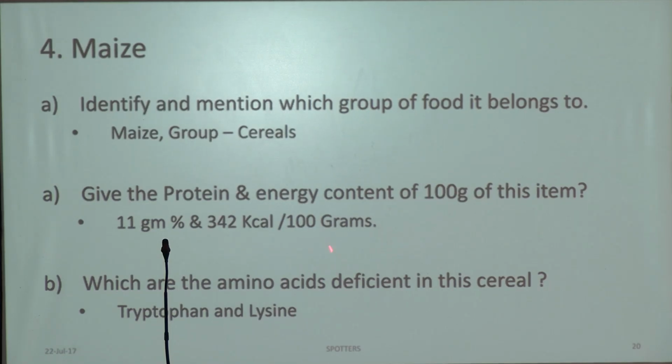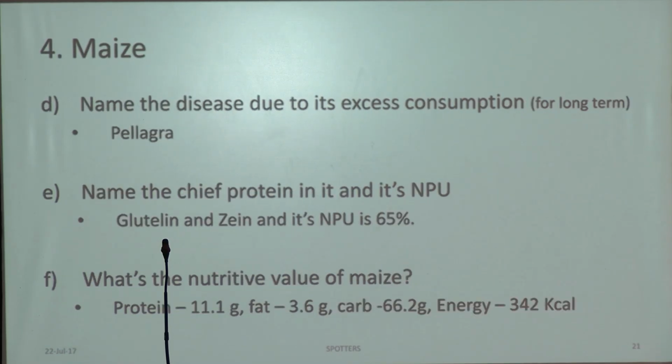Now, what are the limiting amino acids? Here the options change. Tryptophan and lysine. What is the disease due to excess consumption for long term? Pellagra.